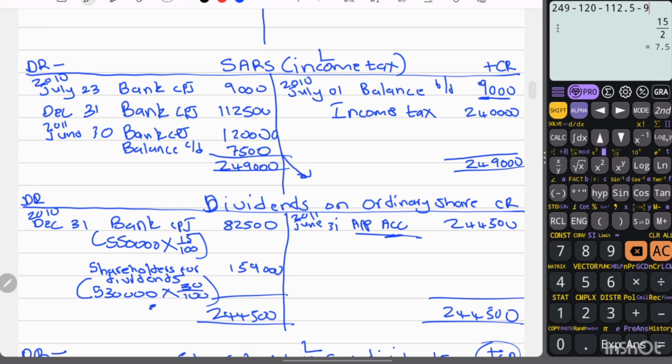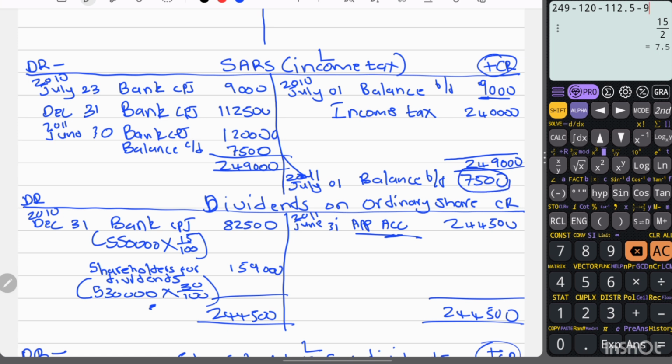Then it means when I'm reopening my financial year on 2011 July 01, I'm having a balance brought down of how much? Of 7,500. I'm having a credit balance now. It means now I'm still owing SARS.